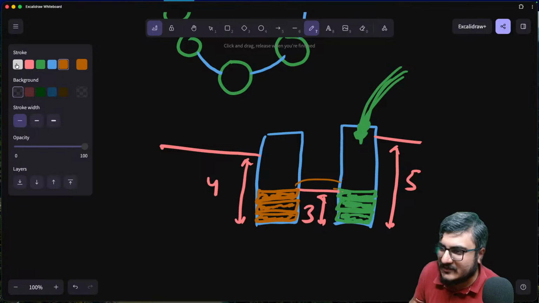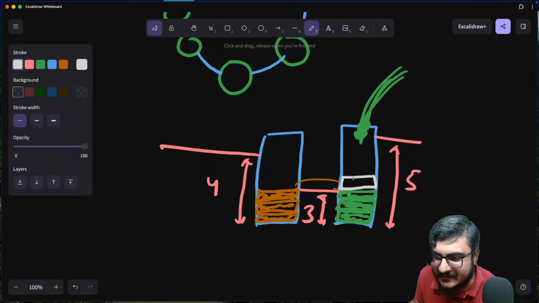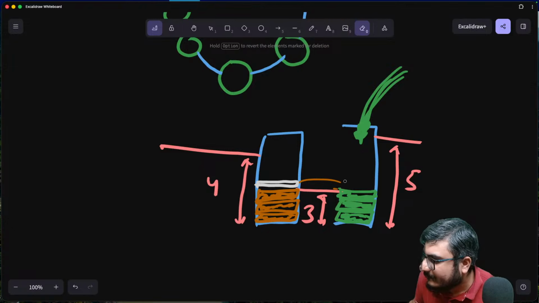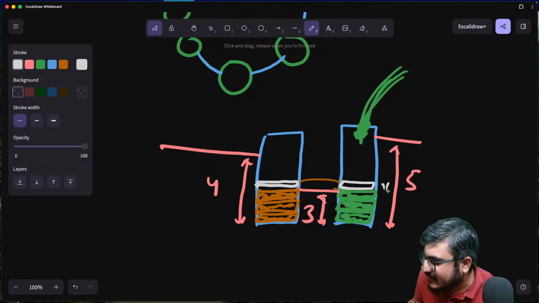Now what happens when you add 1 more liter of water over here? This first gets added over here, and half of the water moves on the right side. Now this is half, this is half.